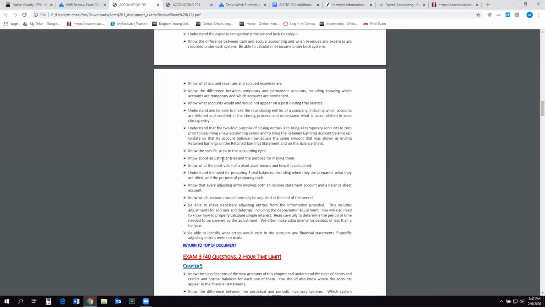This also includes things like supplies usage, where we had an asset, supplies, and as we use it up, we're going to do supplies expense and reduce the asset. And then slightly different from that is depreciation, where again, we have an asset, we're using it up or incurring the expense of using it for a period, and we're going to do depreciation expense and accumulated depreciation on the asset. So that's the first kind of major type.